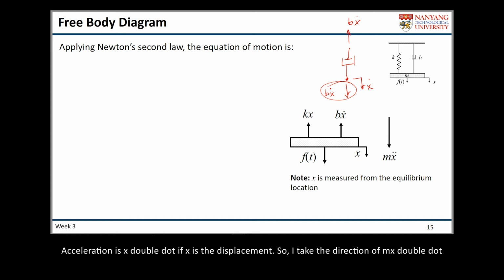Acceleration is x double dot, if x is the displacement. So I take the direction of m x double dot in the downward direction, following the assumption of the displacement that we took before. So in this case, the downward direction will be the positive direction.